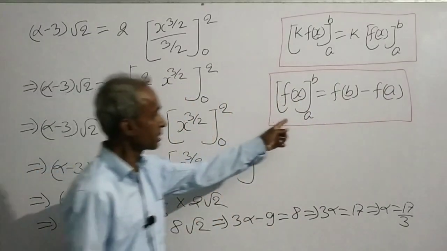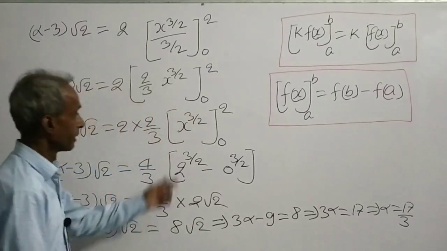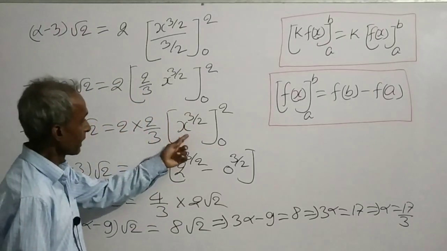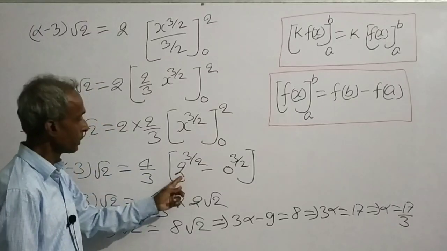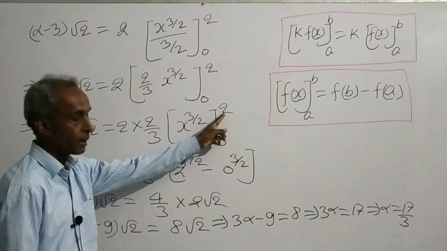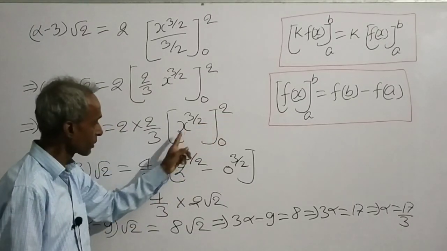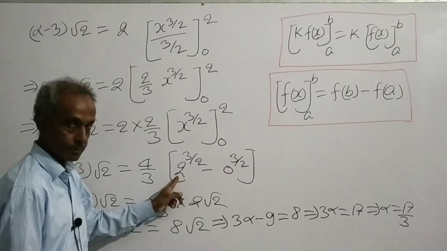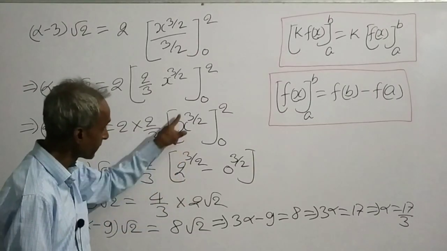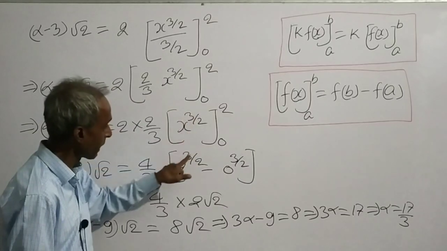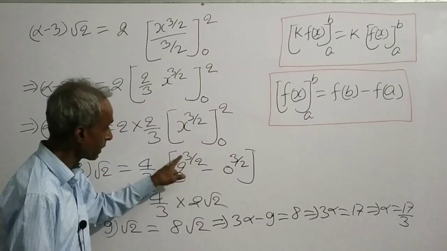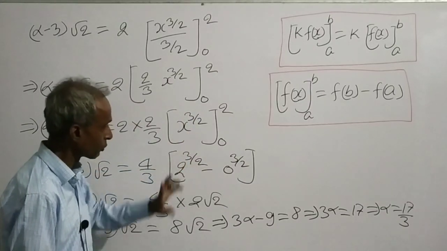By using this property, x to the power 3 by 2, 0 to 2 will be equal to 2 in place of x. Other things remain the same. Here the power is 3 by 2, therefore here will be power 3 by 2.